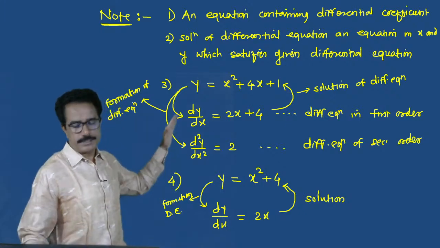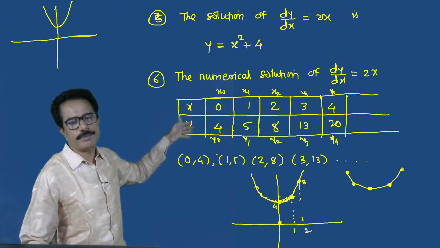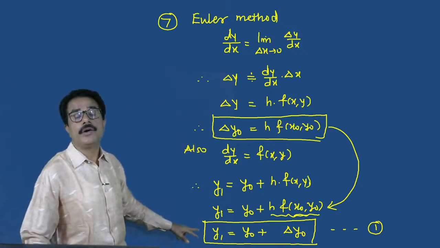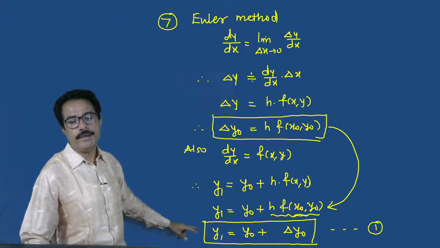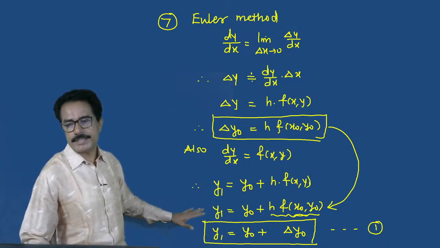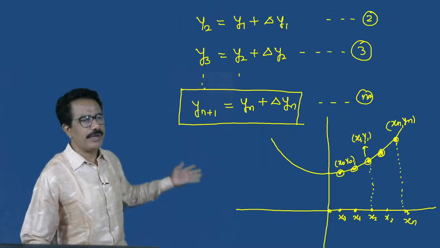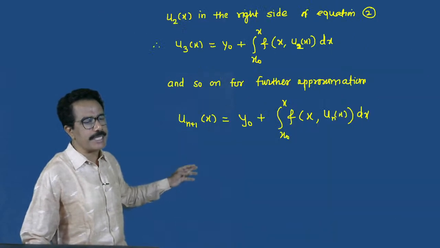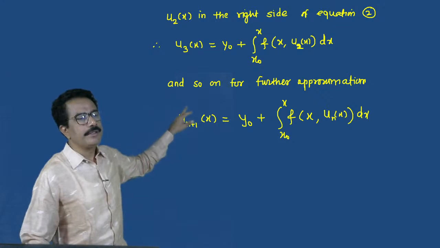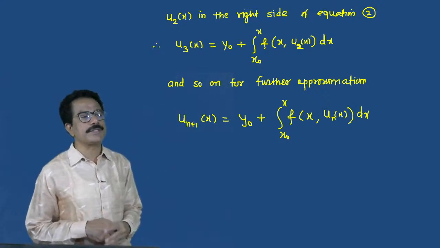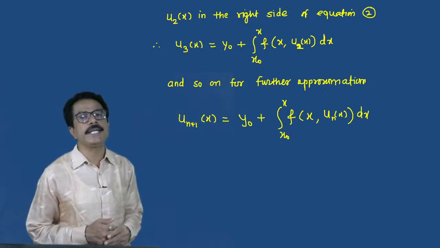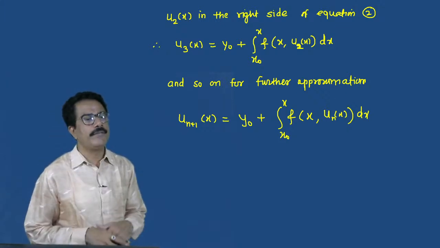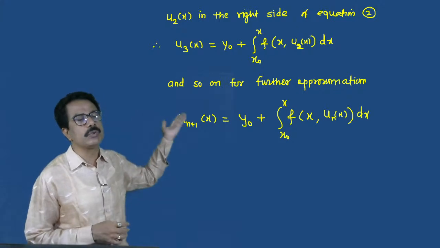We shall discuss this. Already we have discussed what is meant by numerical solution. In the Euler method, the approximation is given by y1 is equal to y0 plus delta y0. In Picard's method, the approximations are given by u3 of x is equal to y0 plus integral from x0 to x, f of x comma u2 of x dx.